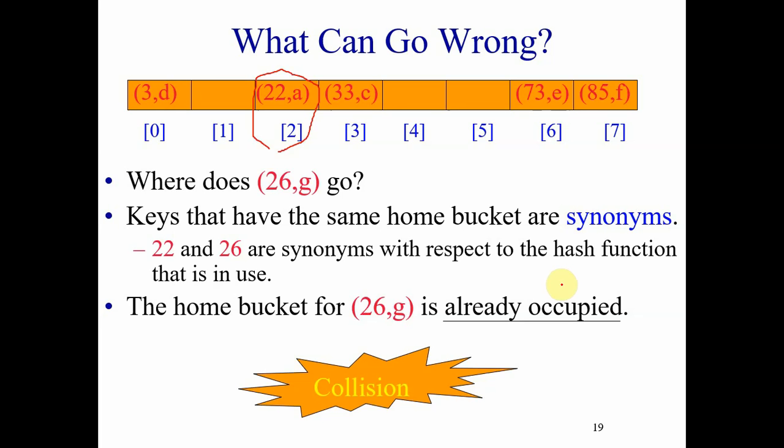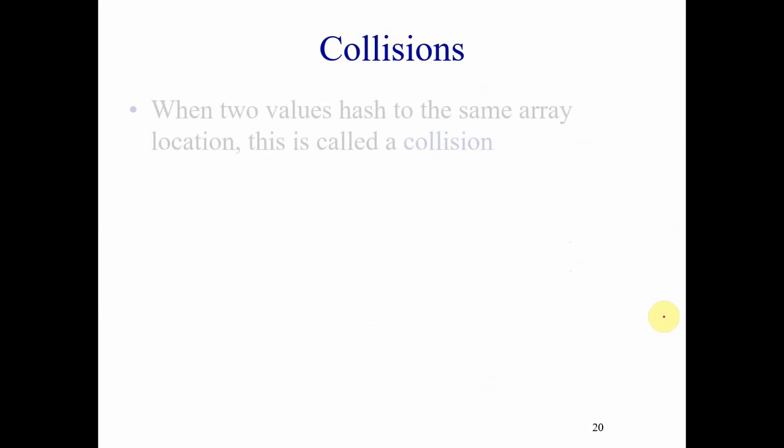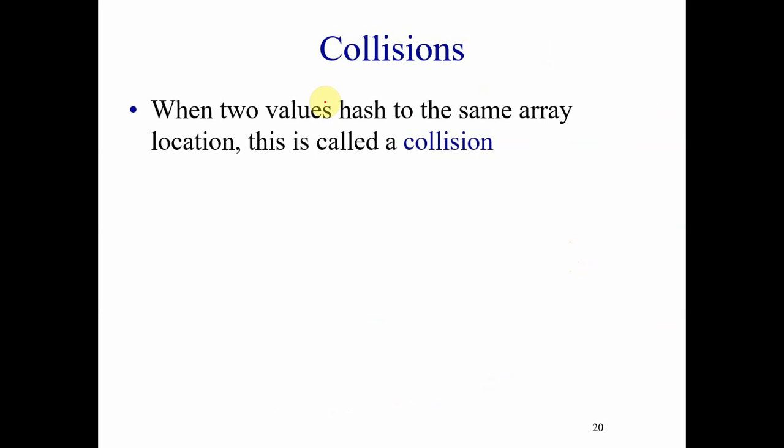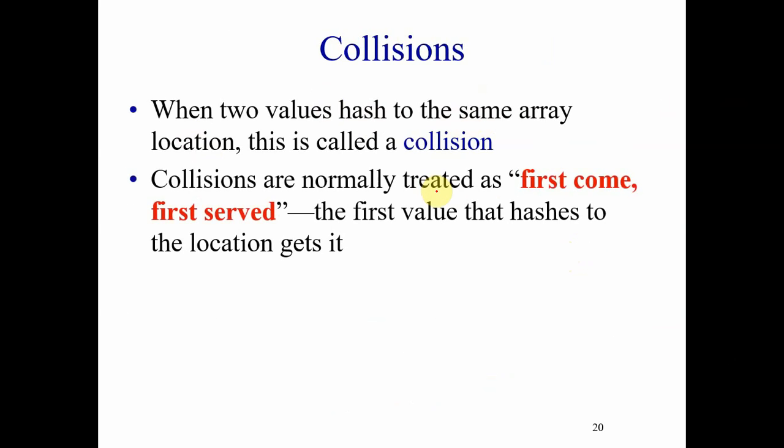So for a better understanding, when two values hash to the same array location, it is called a collision. And collisions are normally treated as first come first served. That is, the first value that hashes to the location gets it first.